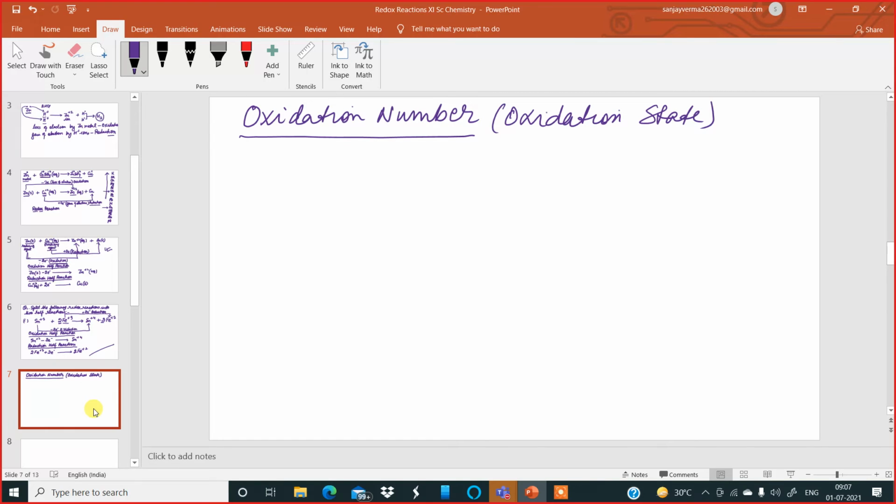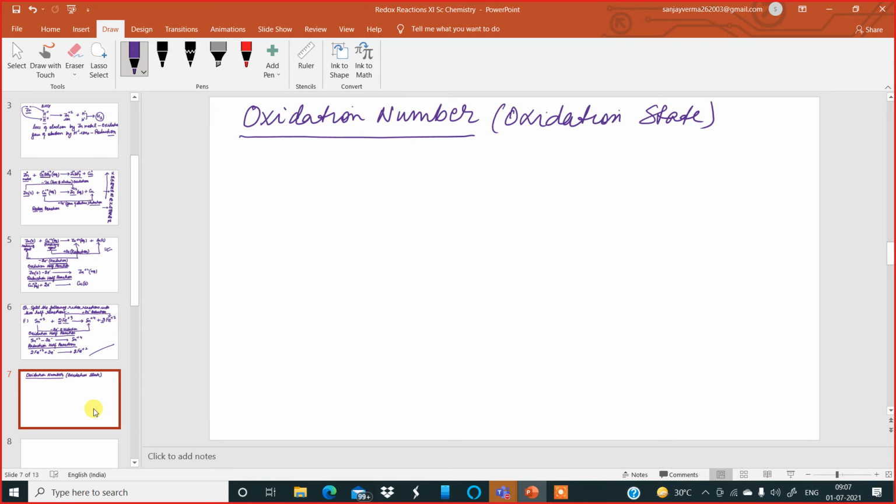Listen carefully. Like redox reactions, you already got the idea. In the redox changes that we have studied so far, I showed you there is either loss or gain of electrons, that is transfer of electrons from one species to another.